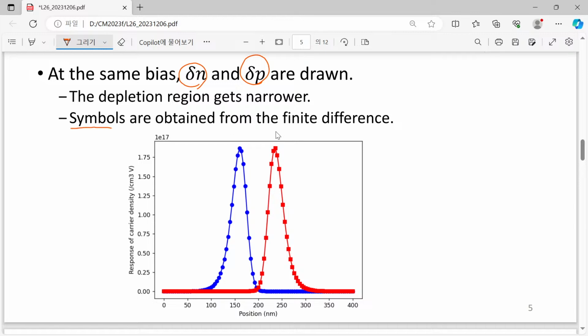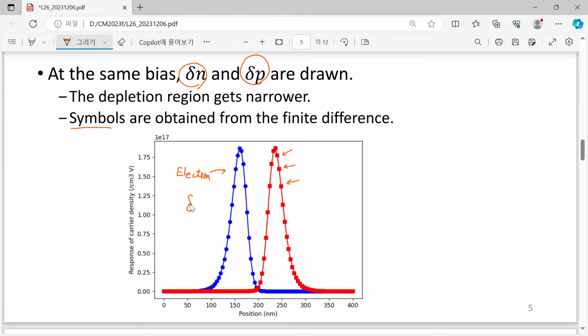I mean that taking the difference between 0.5 and 0.501 volt and multiplying by 1000. These symbols are obtained that way, by finite difference, and the line is obtained from our small signal analysis. You can find that they look quite similar, so good. And another one is this, corresponding to your electrons.